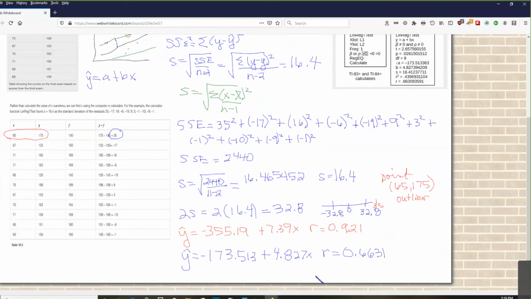So when we compare these two, by taking the outlier out, we actually got a stronger correlation coefficient because r is now much closer to 1. And this also tells us that this line will better predict the final exam scores given the third exam score.